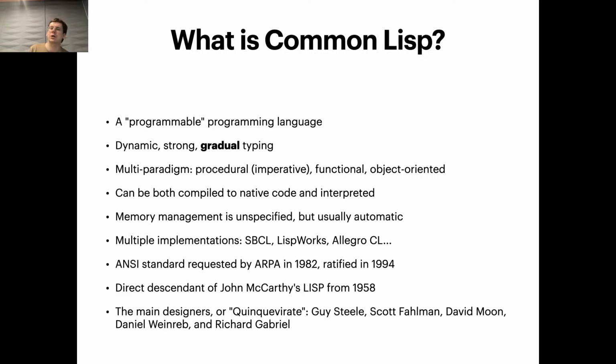Even C can be interpreted if you really want. CERN has their own interpreter called Cint, I think. But generally you can both compile and interpret Common Lisp, so that's great.